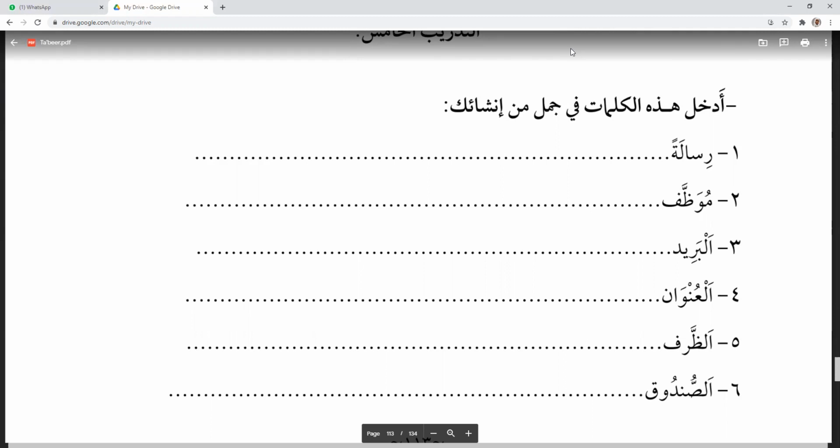ذهبت إلى المكتب. مكتبي نعم. إلى المكتب البريد. ودفعت موظفة.